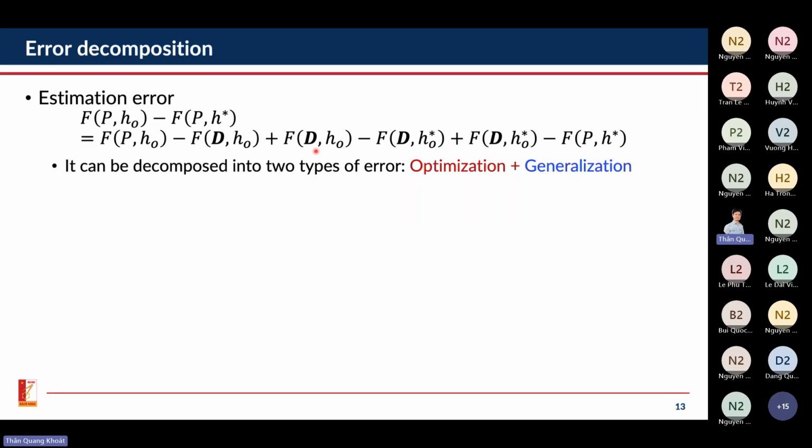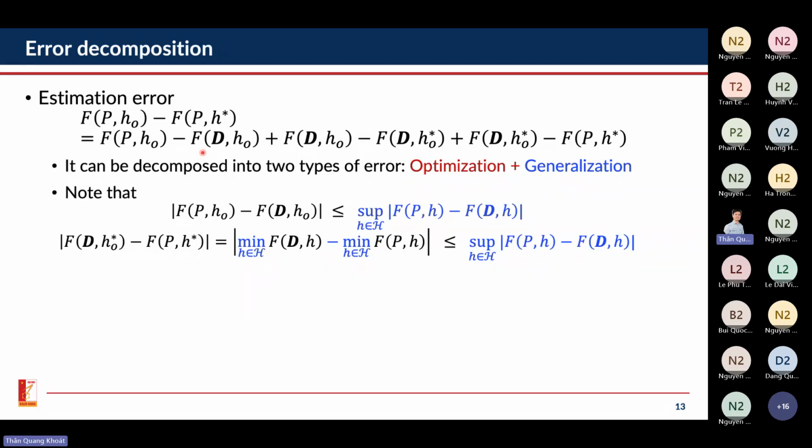So it is the same, right? And we do the same with this one. Okay, this is just a rewrite of the first one. But from this one, we can easily see that the estimation error can be decomposed into two other types of error. One is optimization, and the other is generalization. Okay, so what is that?